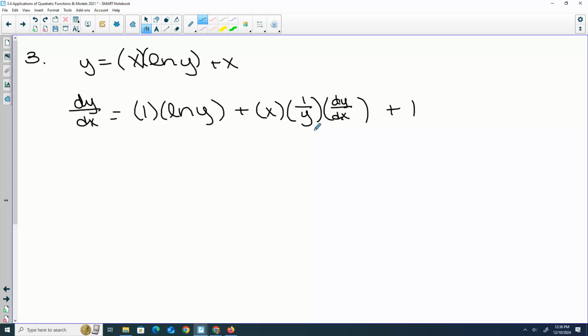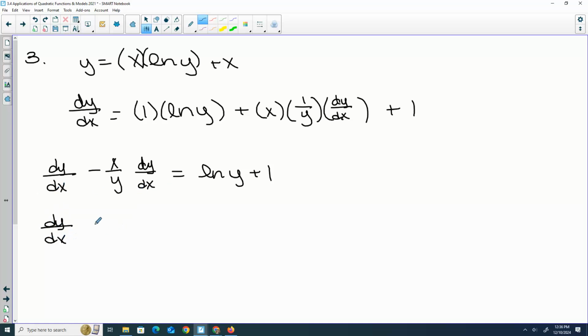From here, I need my dy dx's on the same side. X times 1 over y, so that would be x over y dy dx. Over here I had my natural log of y plus 1. Both of these have a dy dx.